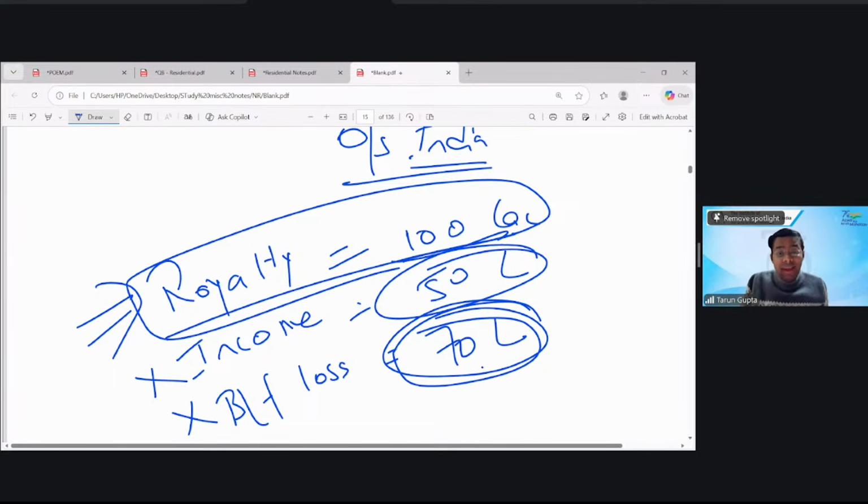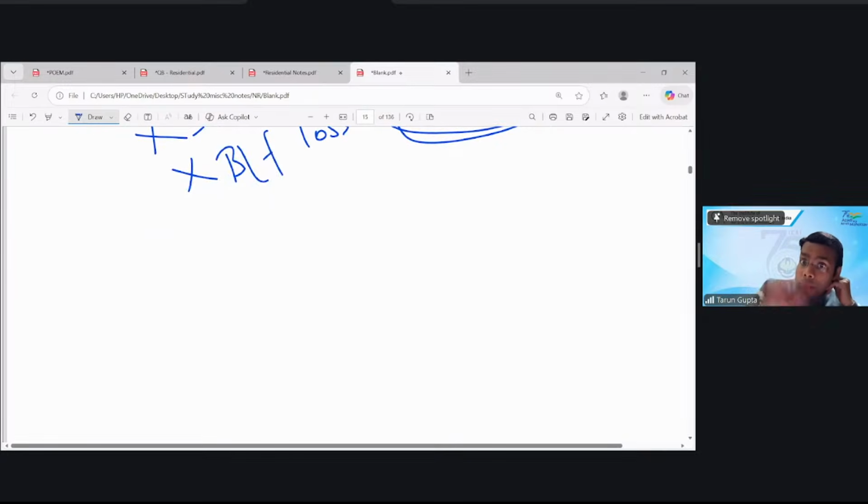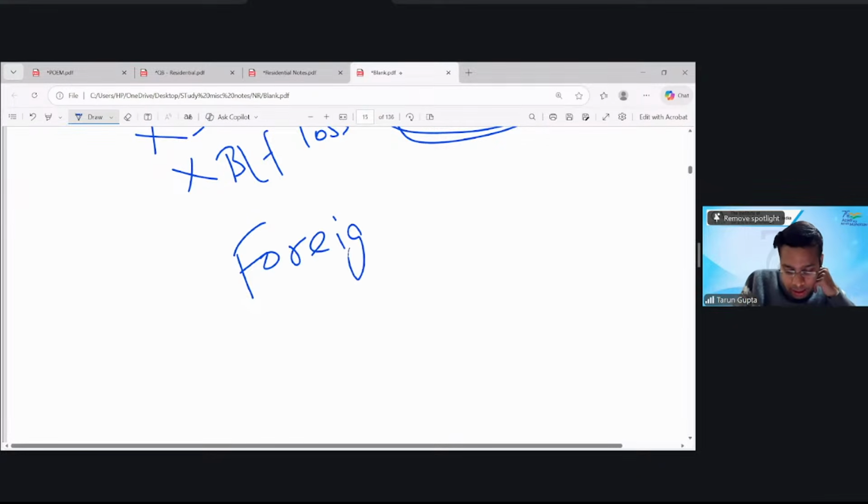The brought forward loss can set off only the additional income which became taxable because of POEM. The income which was taxable even without POEM cannot be set off against the brought forward losses. You're with me? And the company, though it becomes a resident, shall continue to remain a foreign company.